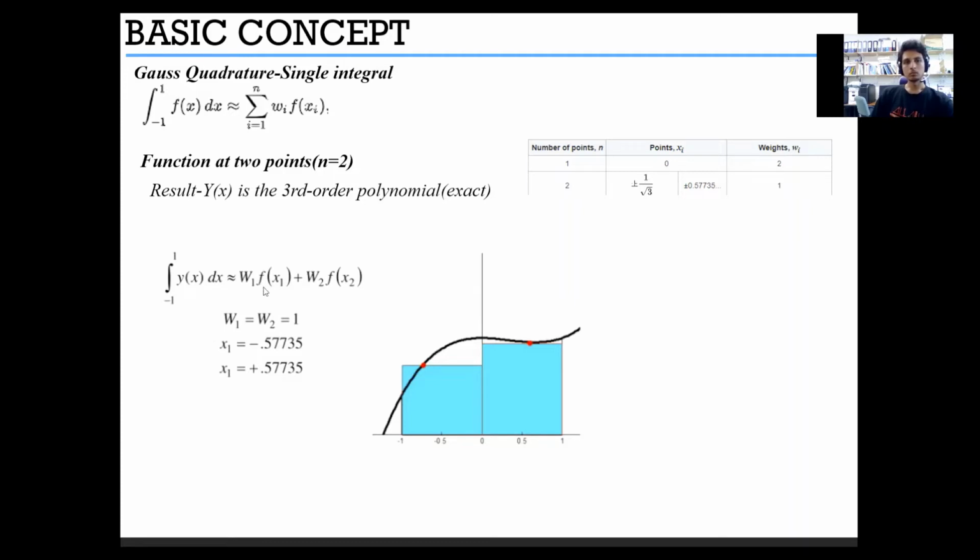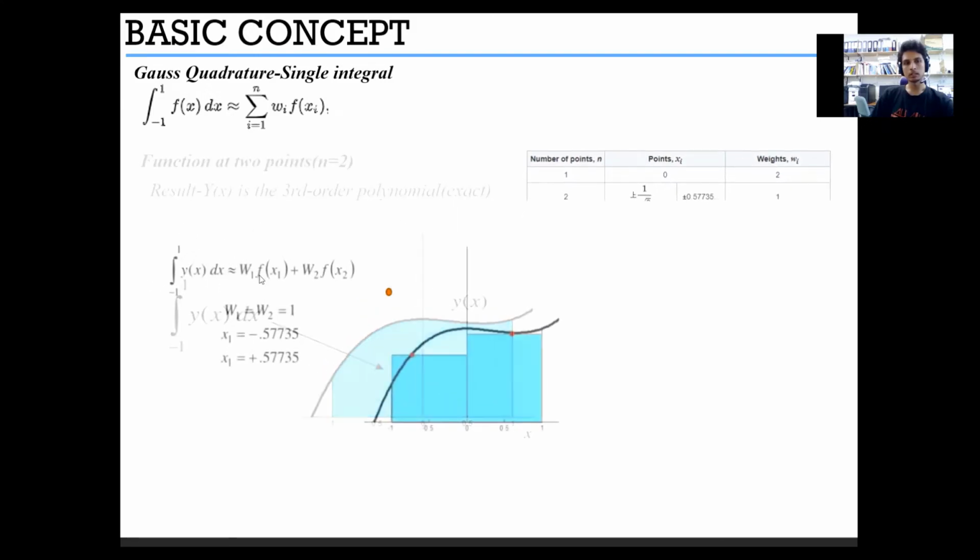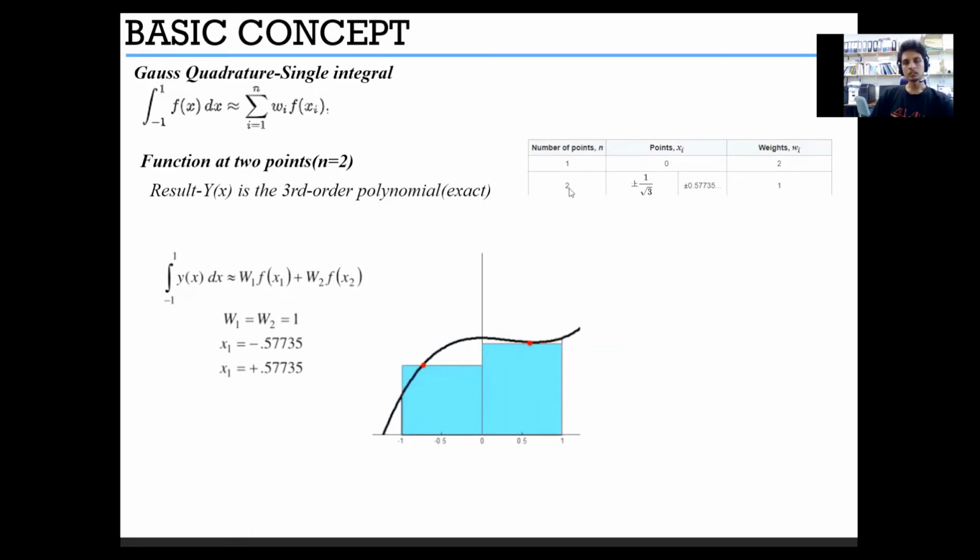However, previously the equation was like that. Since n is equal to 1, the term was just 1, but in that case, since n is equal to 2, the terms will be w1 f of x1, w2 f of x2, and this is basically a third order polynomial. Why is this a third order polynomial?